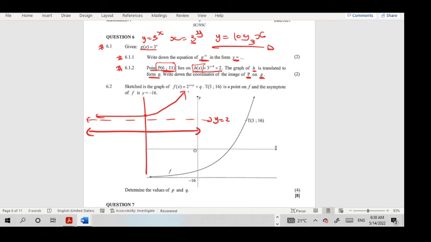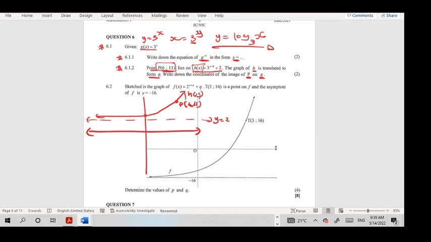So this is the graph of H of x, right? Then we know that it has a point P. Let's say this is point P, which is (6, 11).